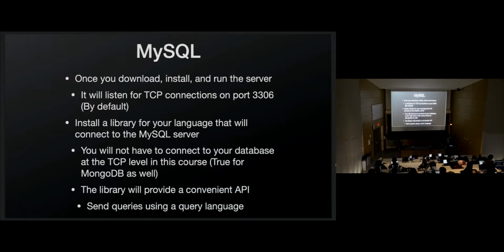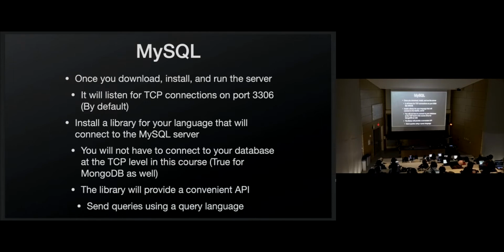TCP, by default, MySQL listens on port 3306. That's the port that, just out of the box, you run MySQL on. It's going to be running on 3306. You can override that if you're so inclined, but usually just leave the default port, 3306. Then you're going to download a library for your language of choice that's going to talk to MySQL. That library is going to know that 3306 is the default port.